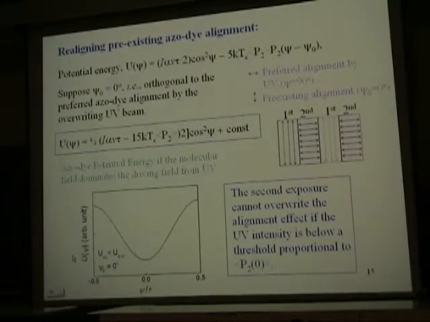In relation to our experiment, it means that the intensity of UV during the second exposure has to exceed a minimum value in order for it to be able to overwrite the azo dye alignment produced in the first exposure.